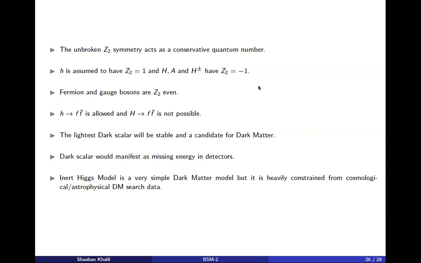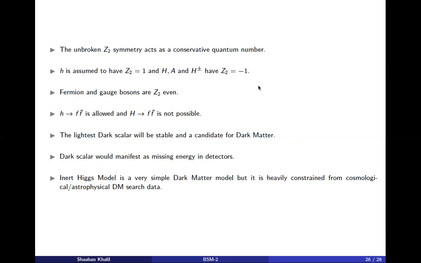In fact, this is one example based on this assumption, but for all dark matter you really need to make some assumption. Even in supersymmetry, we need to assume some R symmetry to have the lightest particle stable. So it's not an ad hoc assumption. You assume Z2 symmetry, and you assume one of the Higgs doublets does not get any vacuum expectation value, and you gain that you could have viable dark matter.